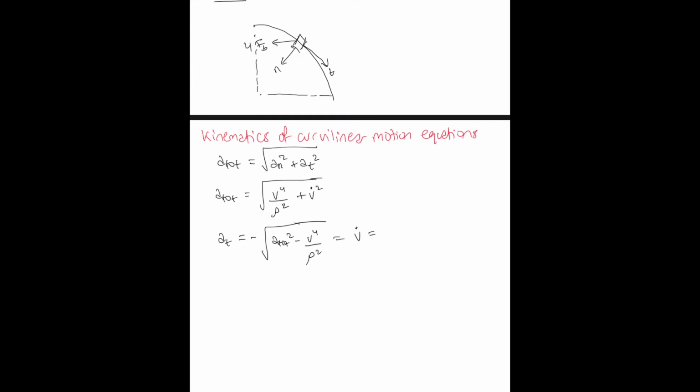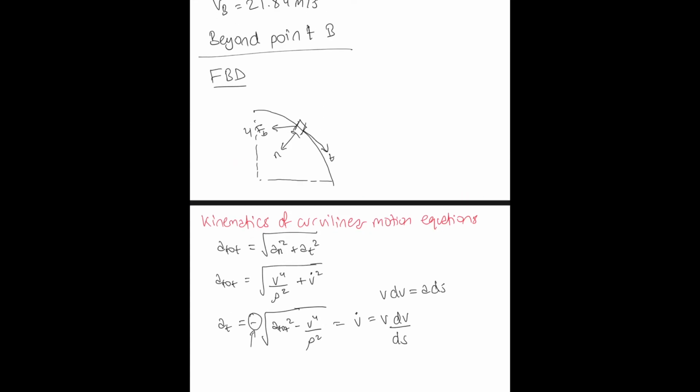Now, if you also recall, we know that VdV is equal to AdS. And when we rearrange that, we can get A is equal to VdV over ds. Now, you might be wondering why AT here is negative. This is because the braking force is pointing in the negative direction of the tangential axis.